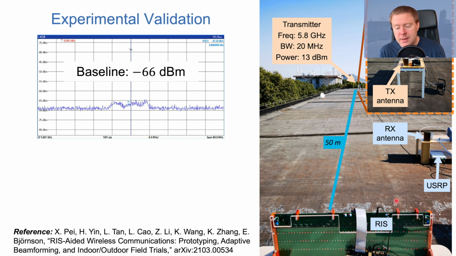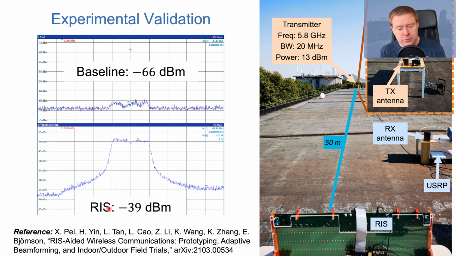If we replace the copper plate with this reconfigurable intelligent surface that I was describing earlier with 1,000 elements, we can configure it so that it reflects the signal towards this receive antenna instead of just in a way determined by Snell's law. And then we can all of a sudden see a much stronger signal within the desired band.